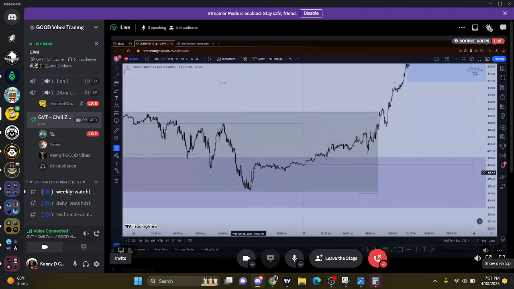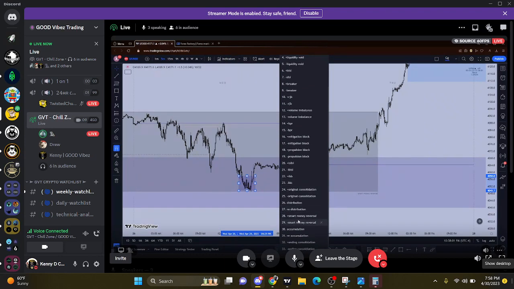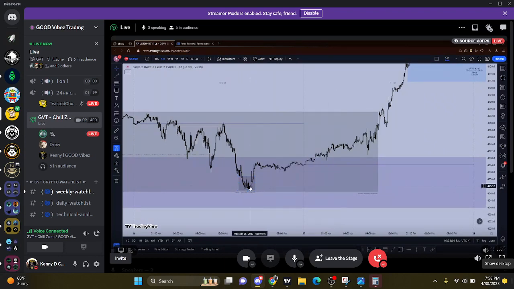Like I talked about earlier, short term high broken, smart money reversal here. And I see the trend reversal or the trend break on that as well. There we go. Smart money reversal, accumulation.